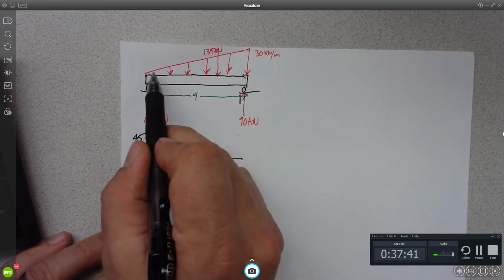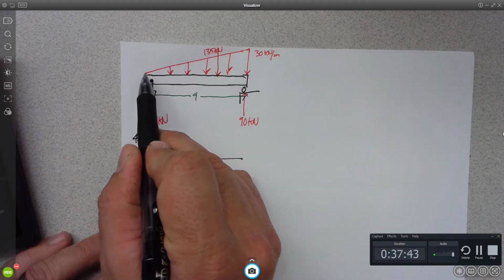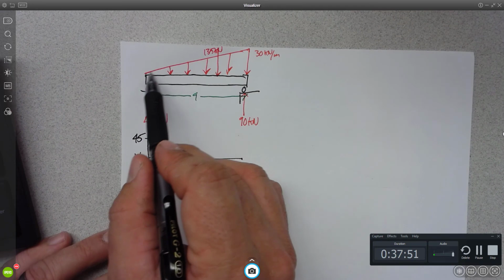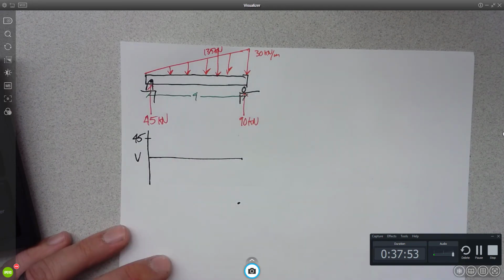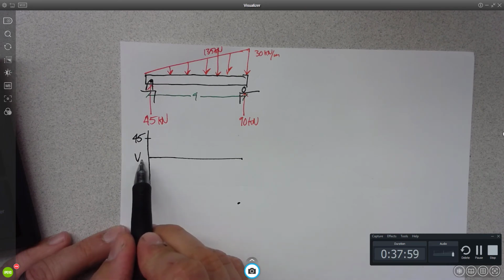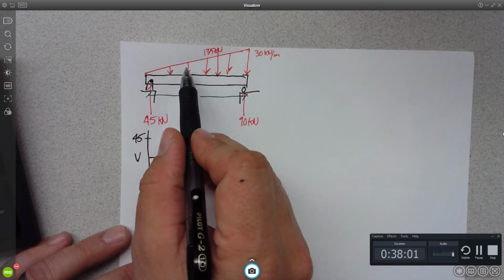And my slope is going from 0 to negative 30, right? Because the slope of the shear diagram is the value of the distributed load diagram, right? The slope of the shear diagram is the value of the distributed load.